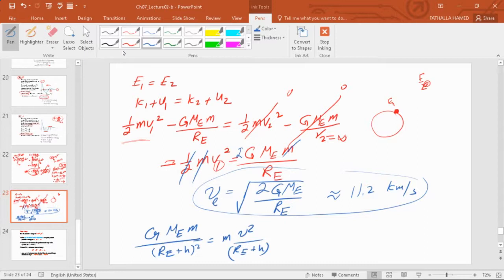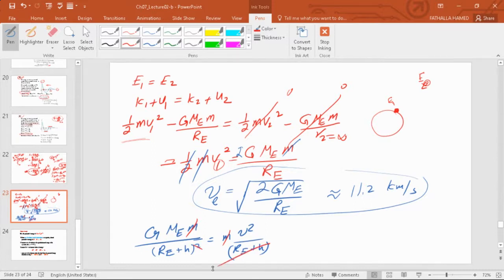You can cancel the m from both sides, and you can cancel this with that. So your v will be the square root of G mass of the Earth divided by re plus h, and this is sometimes referred to as orbital velocity.